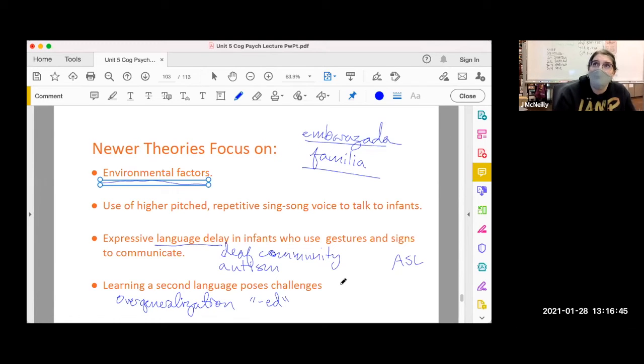Typically in English, if you want to make a verb past tense, you just add an ed to it. Like if you want to do past tense of to walk, you just write walked. And so young children and people who aren't native speakers often continue to overgeneralize, overuse that rule. For instance, how would I do the past tense of to pay?